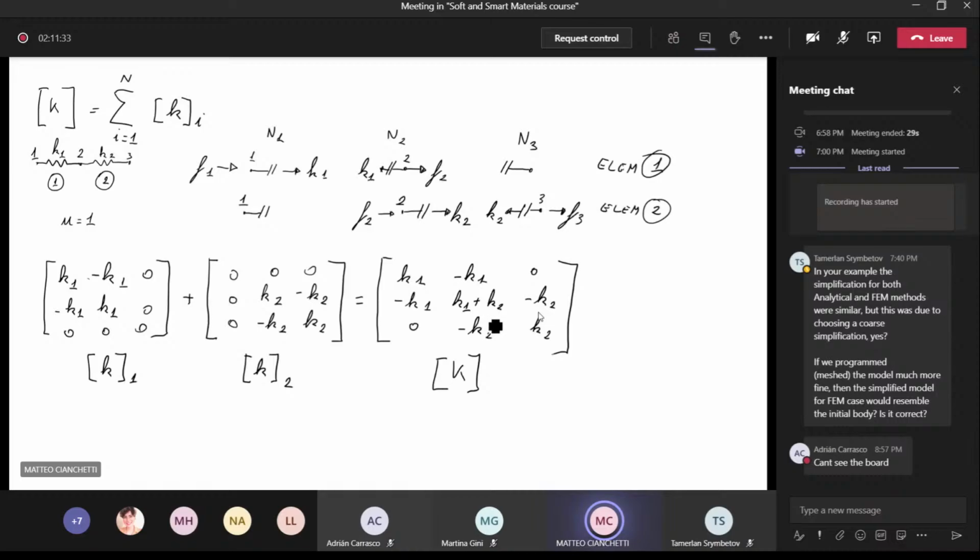Maybe it's not very intuitive, but this is very simplifying the entire process. Because you just need to know what are the nodes that are defining your element, and with this, identifying the right columns and rows and the intersection of those, you can identify where your K for that element should appear in the global stiffness matrix.